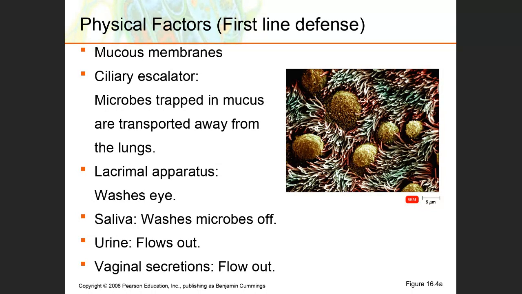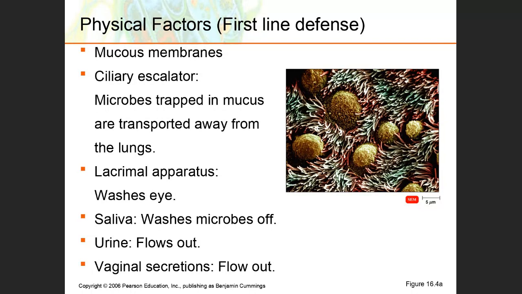Urine. We talked about urinary tract infections. If the bacteria are allowed to travel up through the urethra far enough, they'll cause a bladder infection. But normally, if you urinate frequently enough, the urine constantly flushes out microorganisms that may be trying to make their way up the urethra. And the vagina, we talked about lactobacilli in the vagina, how they lower the pH to help protect the vagina, but the vagina also has mucus and cilia.